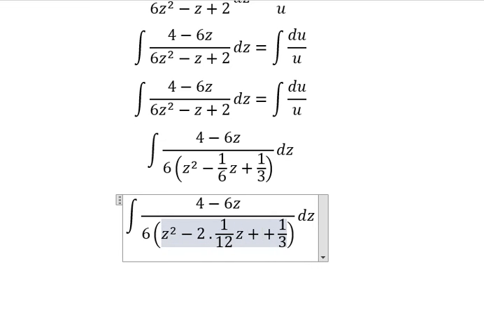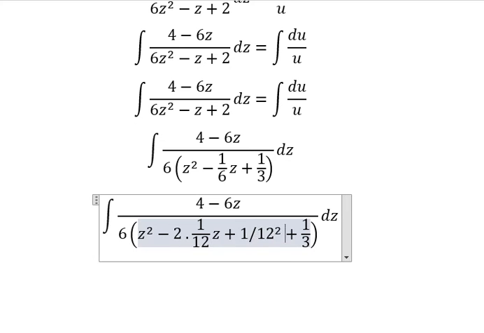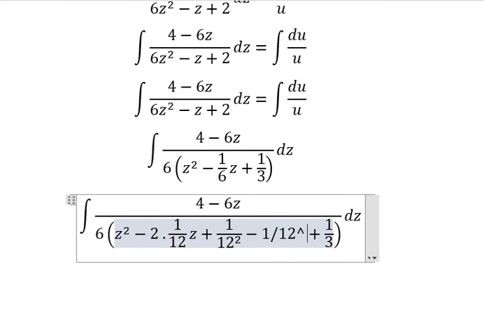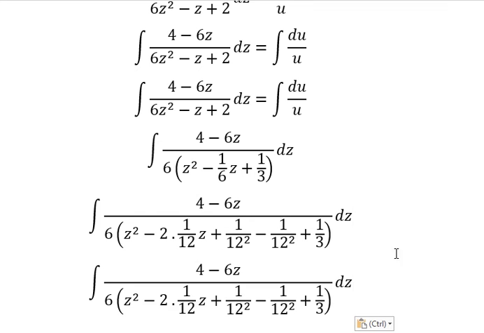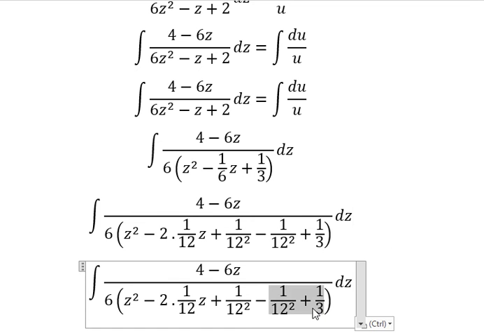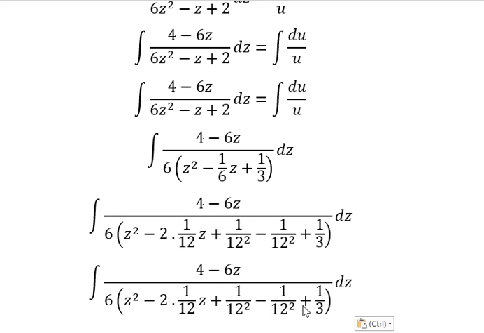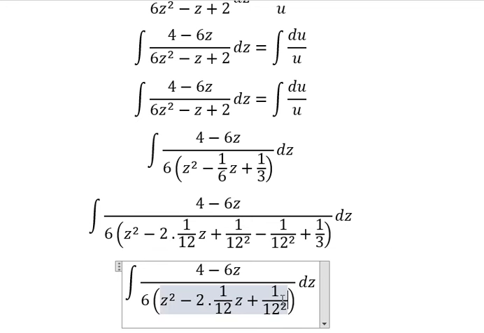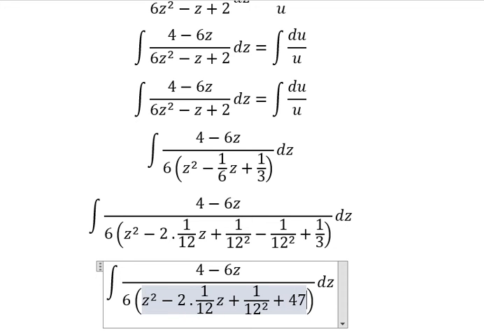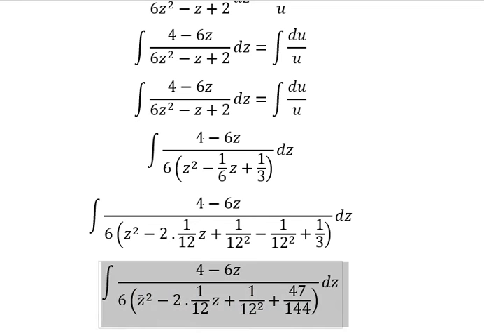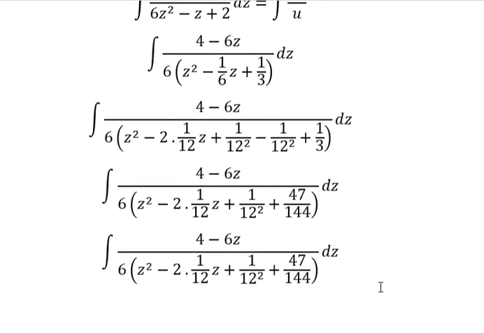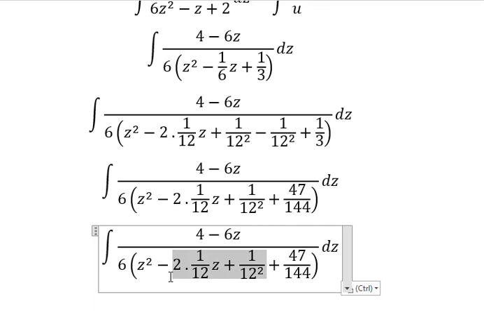So that means we need to have 1 over 12 squared. Later we need to minus 1 over 12 squared. So this one in here we have 47 over 144. Because I want to create identities in here.